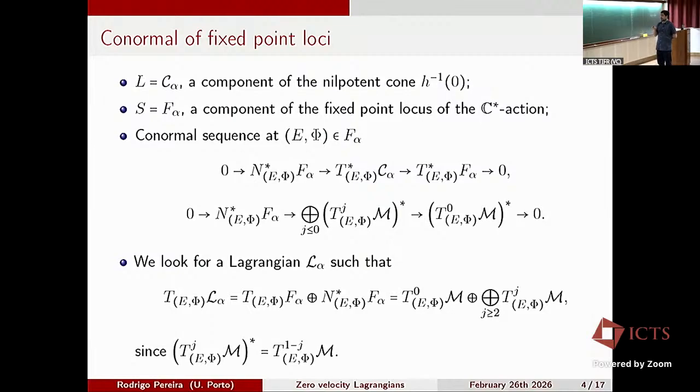Your fixed point component has weights 0. Use the fact that when you dualize, you exchange weight j with 1 minus j. So your conormal space will have weights bigger than or equal to 2, but now you also have to account for your variation along the fixed point locus. So you have to add weight 0 as well.